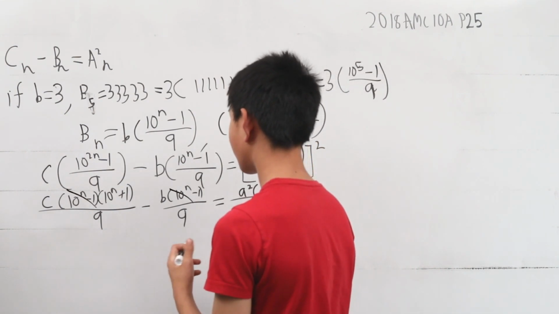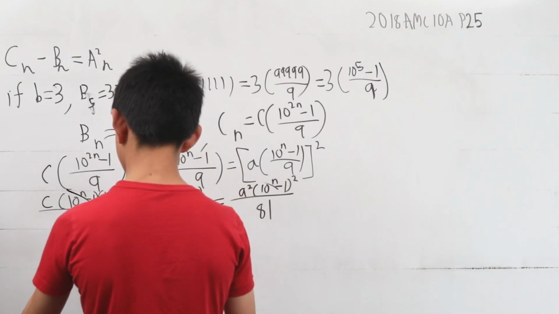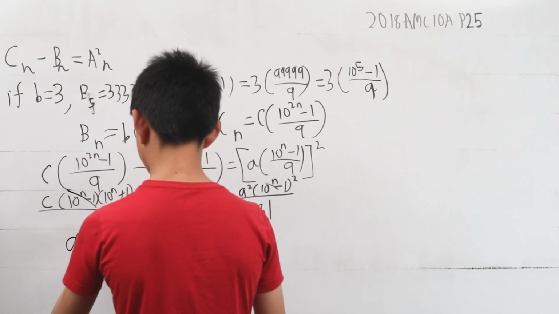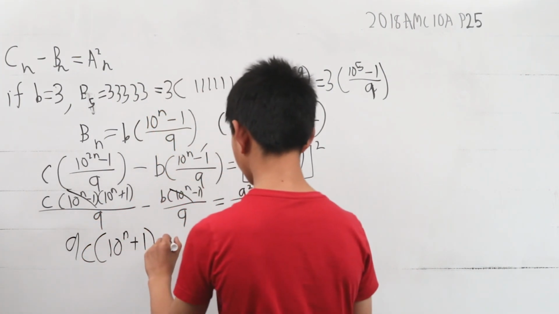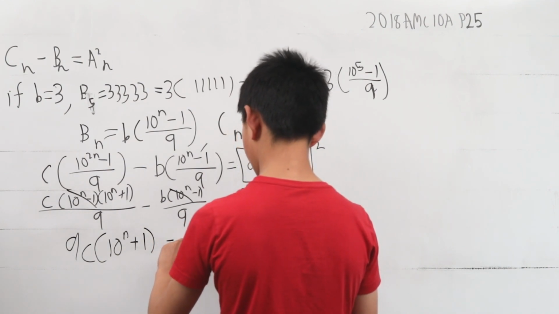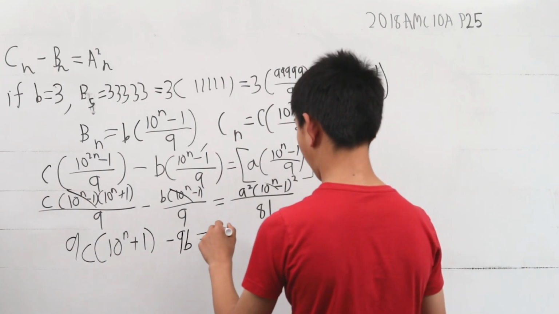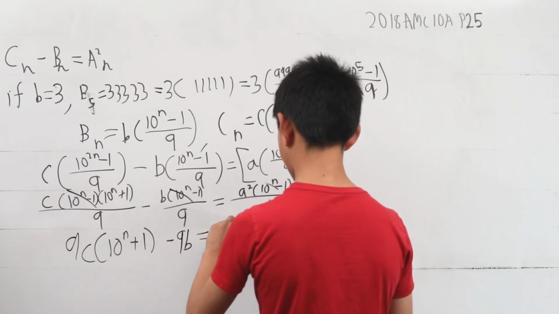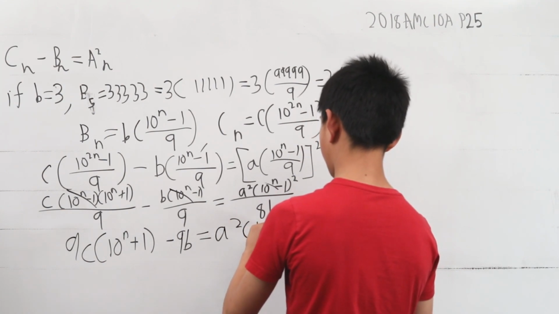Now, what we get is 9c times 10 to the power of n plus 1 minus 9b is equal to a squared times 10 to the power of n minus 1.